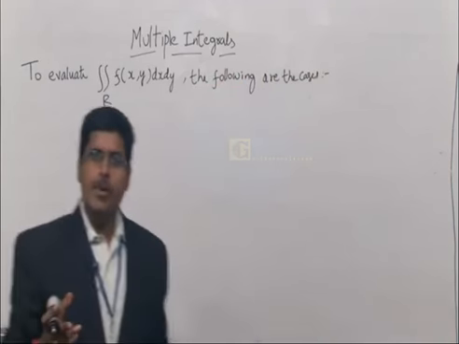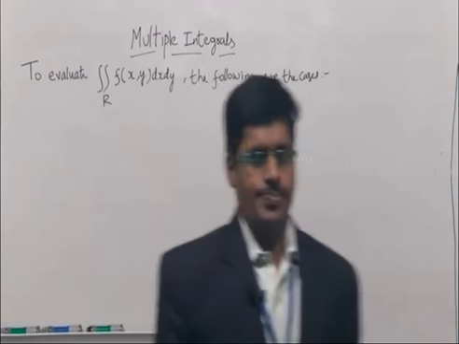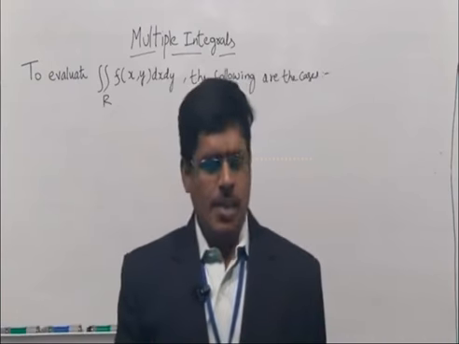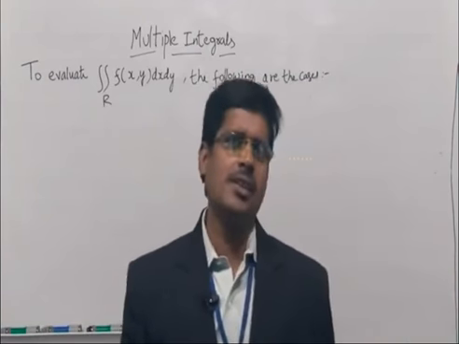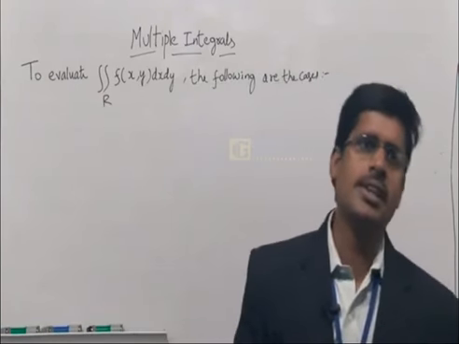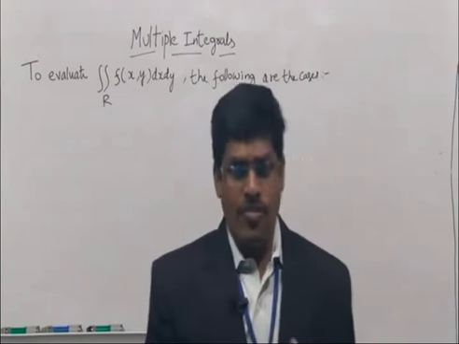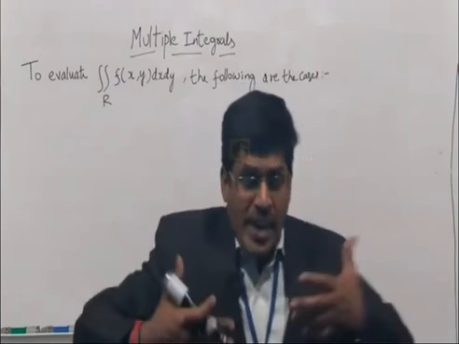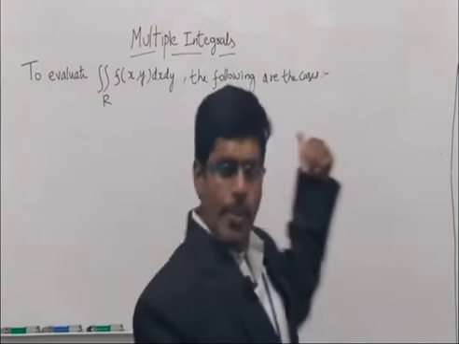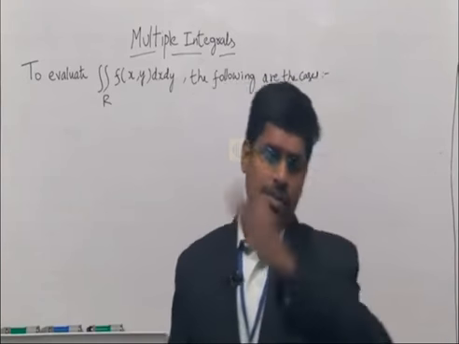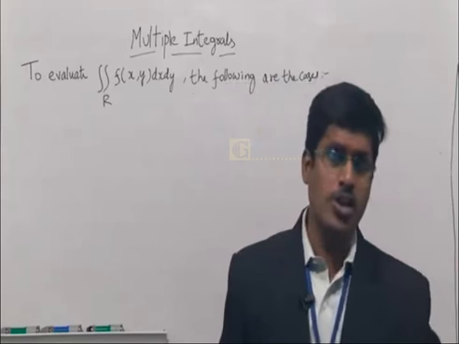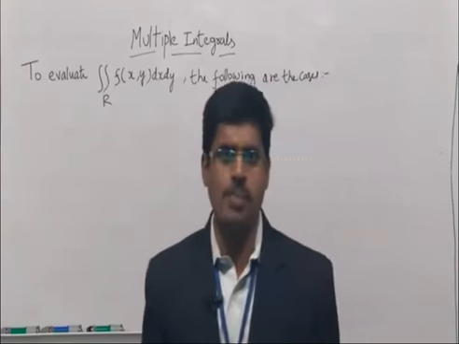Here R is the region bounded by the curves. f of x comma y is the function to be integrated. One is with respect to x and the other is with respect to y. That double integral is the double integral of a function f of x comma y defined over the region R, denoted by double integral over R of f of x comma y dx dy. Directly I am giving how to evaluate. There are three cases, according to the region bounded by the curves, that is, the limits.